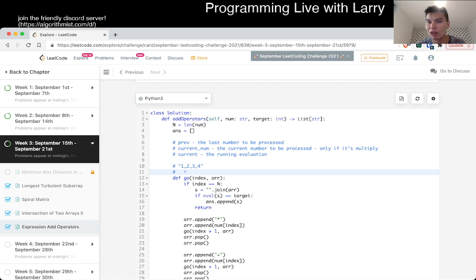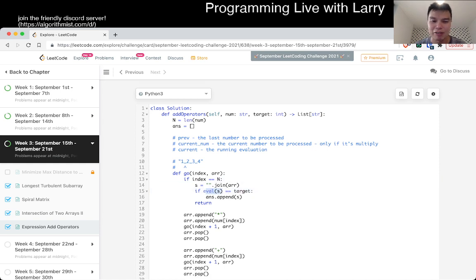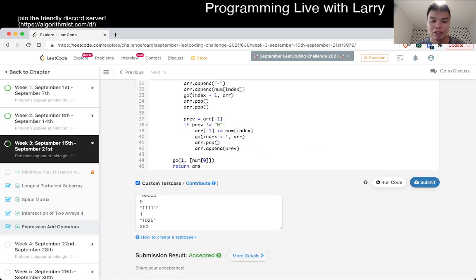So that's 4 to the 9 because there are only 9 spaces for 10 characters. So it's 4 to the 9 times 10, 10 being the join and the eval function. In terms of space, you can't really do better than the output size. And we didn't really do that much better than that.